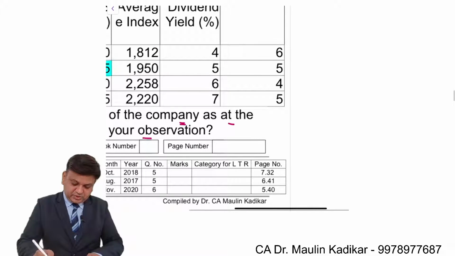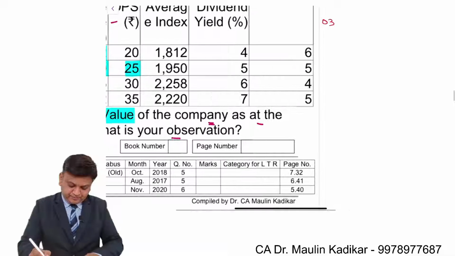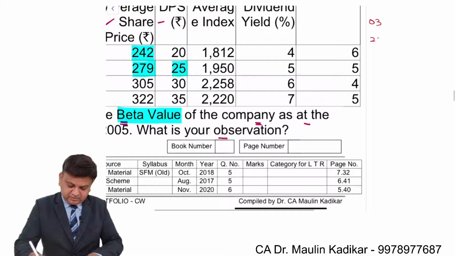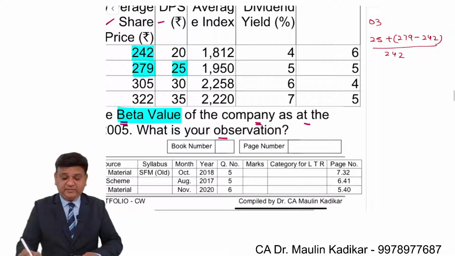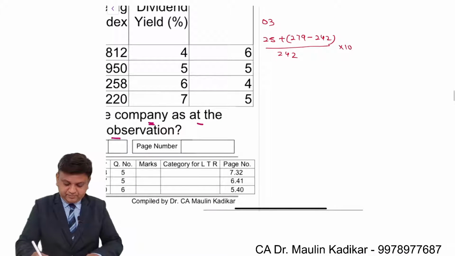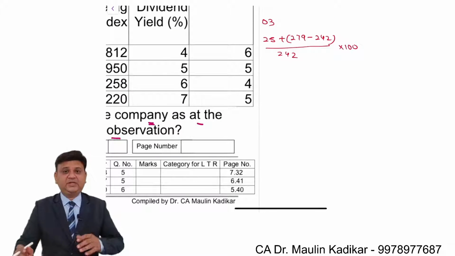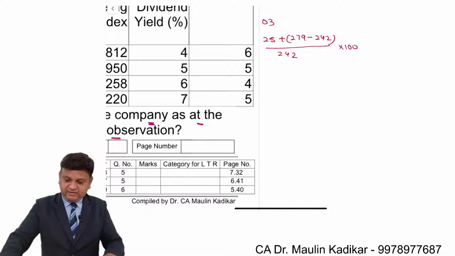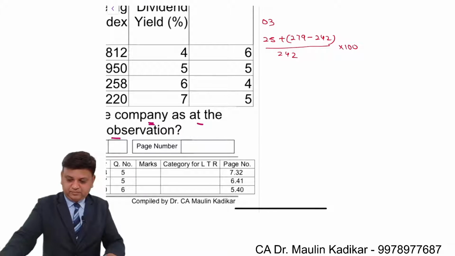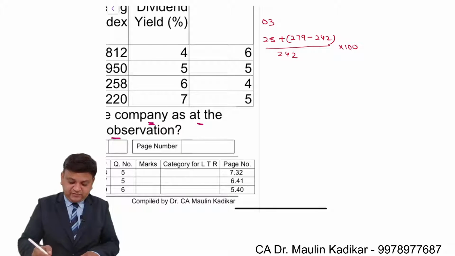So the return will be 25 plus 279 minus 242, divided by 242 into 100. This is the way the return can be found for 2003. So 279 minus 242 plus 25 divided by 242. The return is 25.62.